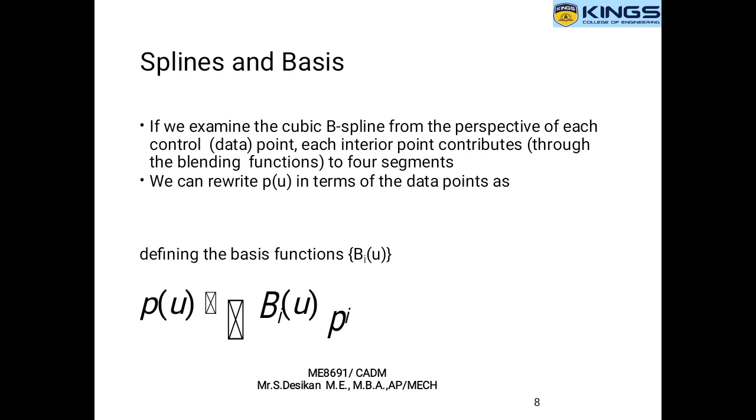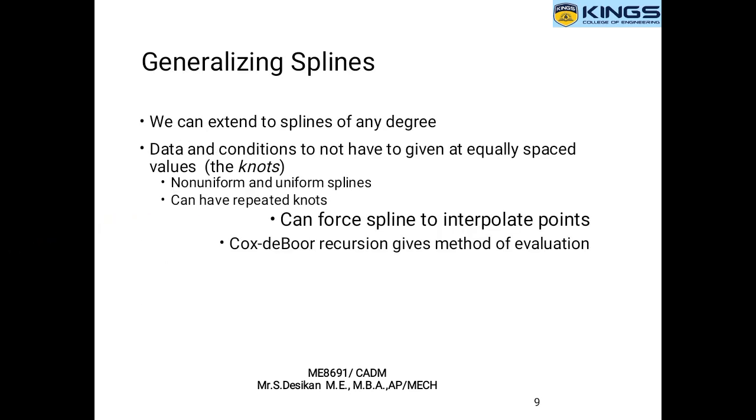If we explain the cubic B-spline, there is a data unit and interior points through the blending function. We have to go for a blending function. Generalized splines: the spline curves used in B-splines without the blending function are called generalized splines. In these splines, we have knots.